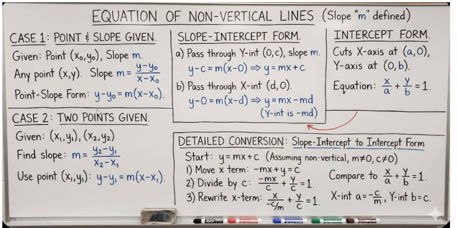Before going to intercept form: if two points are given, the slope can be found like this. Then take a general point x comma y, use the point x1, y1 and again use the point slope form: y minus y1 is equal to m into x minus x1. Here also you can use the same idea.